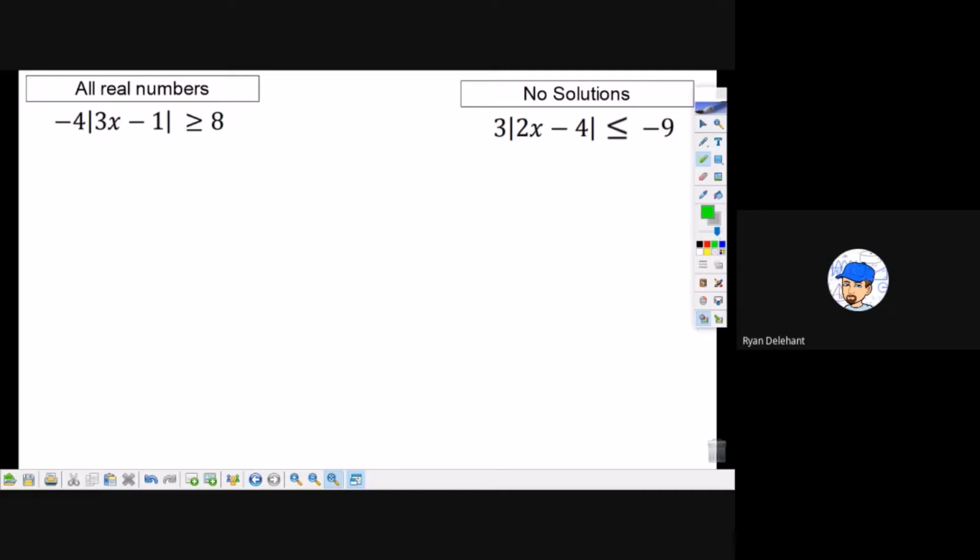I may have these backwards. Hold on, let me think. I may have typed this one wrong. So let's look at y. And let's actually do this. Let's flip this negative right here.